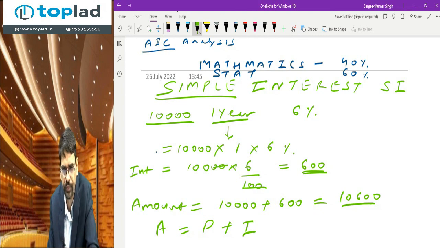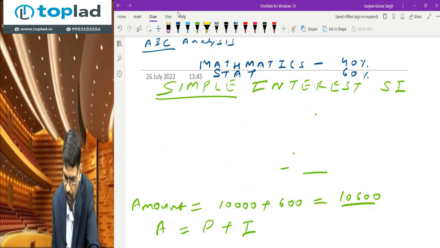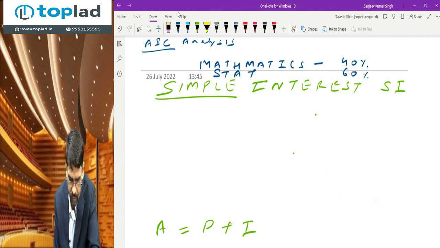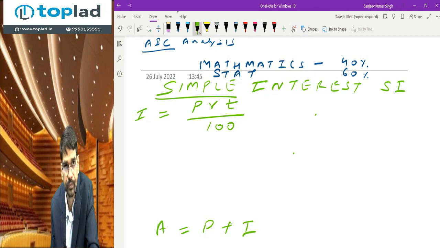And we also derive interest is equal to PRT upon 100.